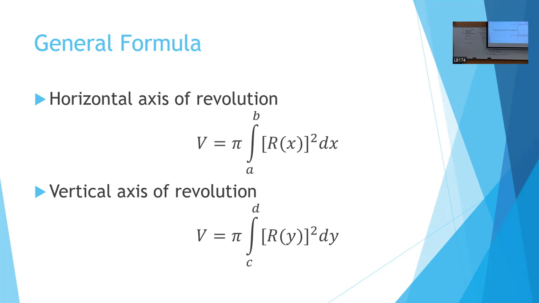If we have a horizontal axis of revolution, the volume using the disk method is pi times the integration of radius squared with respect to x from A to B. If we have a vertical axis of revolution, you do the exact same thing, but all with respect to y's as opposed to x's.